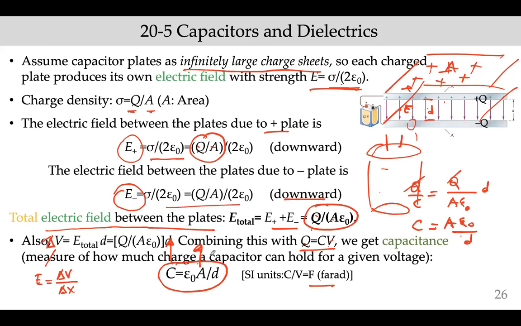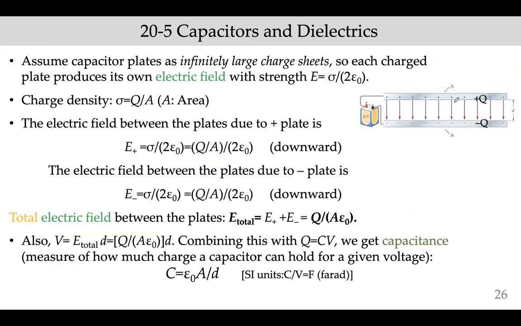Now, if you look at the denominator, there's D. If you increase D, which is the separation between the plates, so if you make the plates more separated like this, then the capacitance goes down.